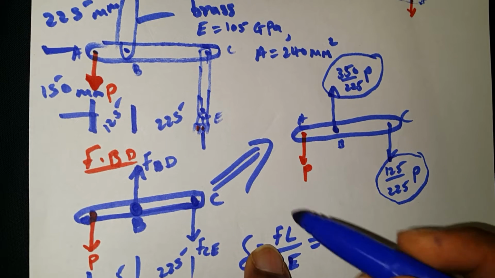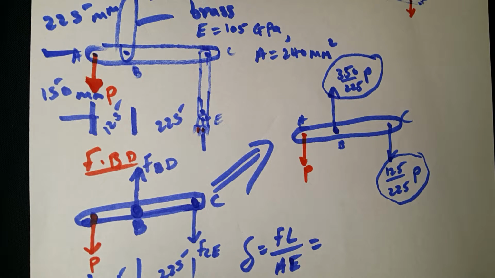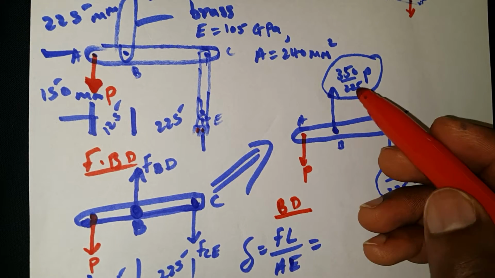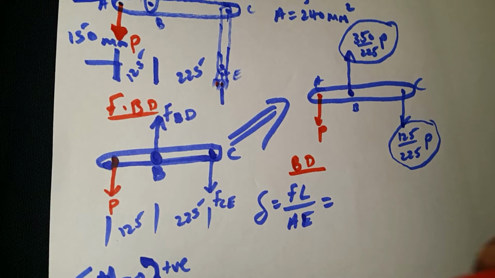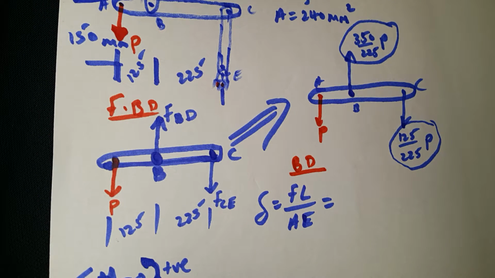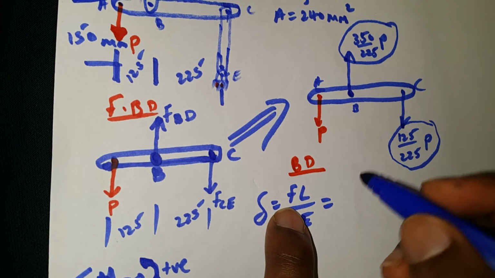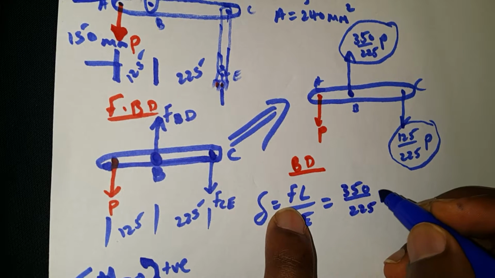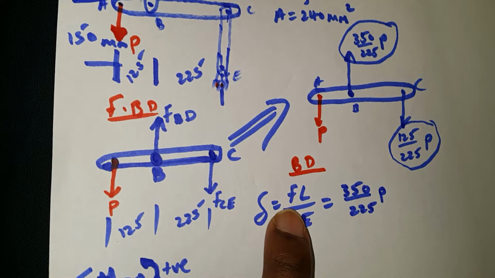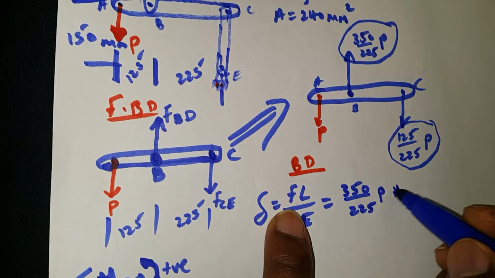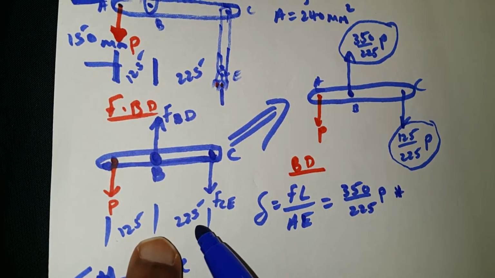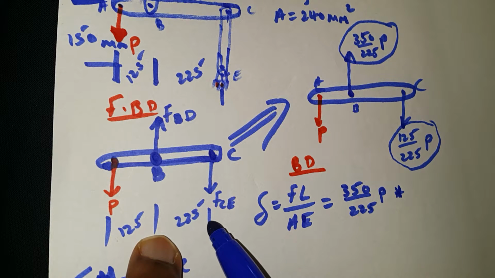So now let's say for member BD, we are solving for this from here. Now what is our force? This is our force, 350 over 225P, multiplied by length. What is our length? This is our length, 225.